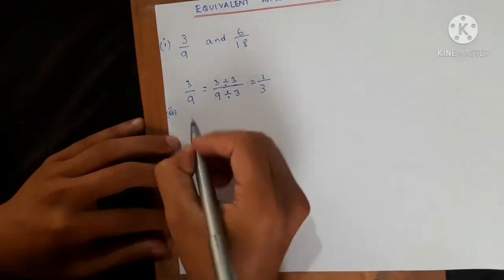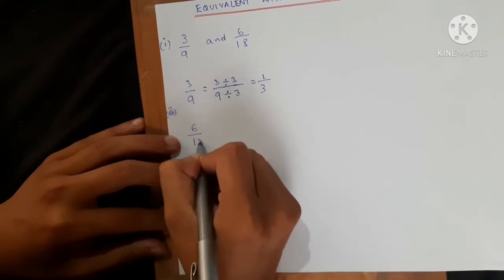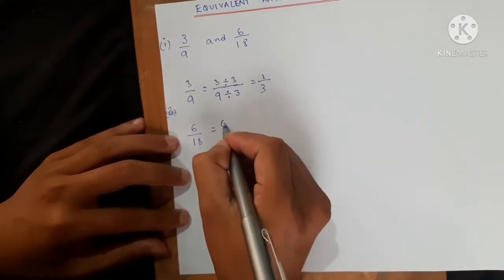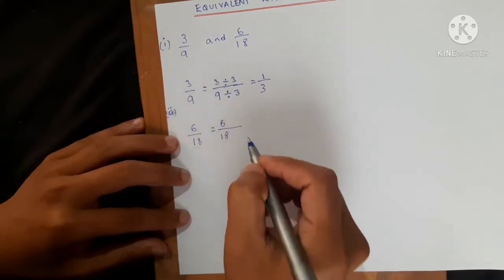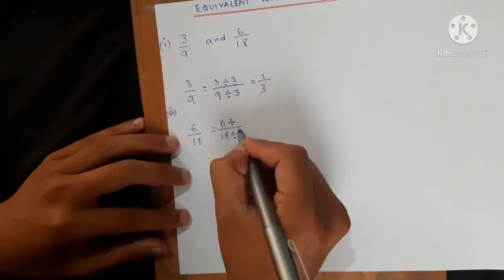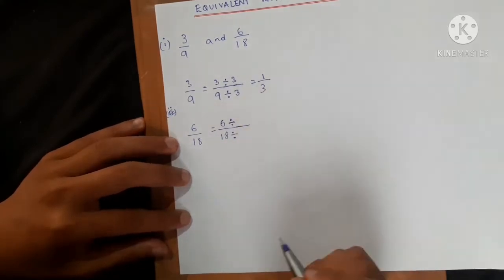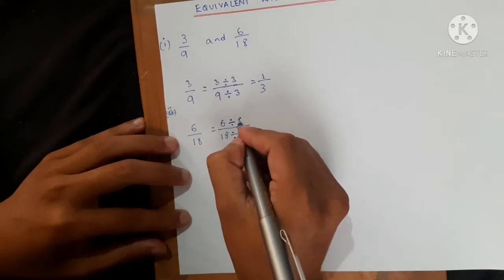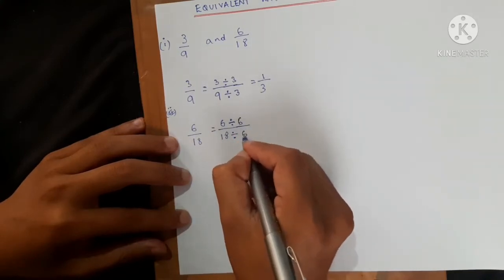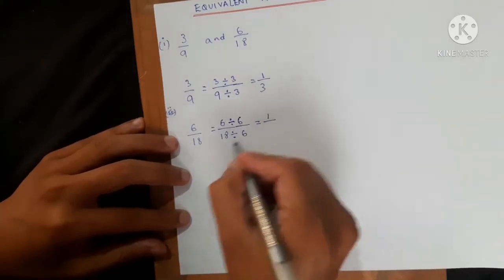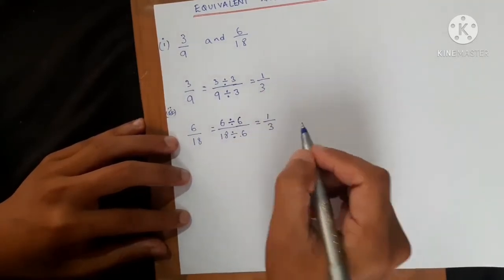Again, 6 by 18. We divide both the numerator and the denominator by 6. So 6 divided by 6 equals 1, and 18 divided by 6 equals 3.